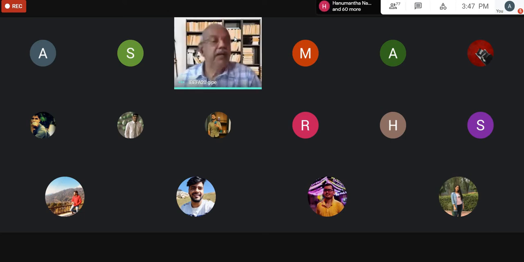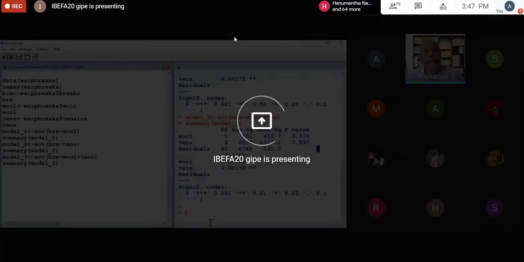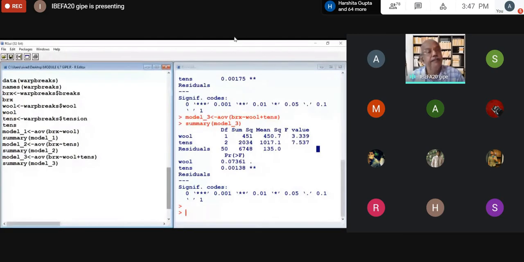Yes. See the model 2. Somebody asked me. Everywhere the variable is one, that is breaking strength. But the breaking strength average, you are comparing between wool, you are comparing between tensile strength all together. Sir, would this be the right conclusion?